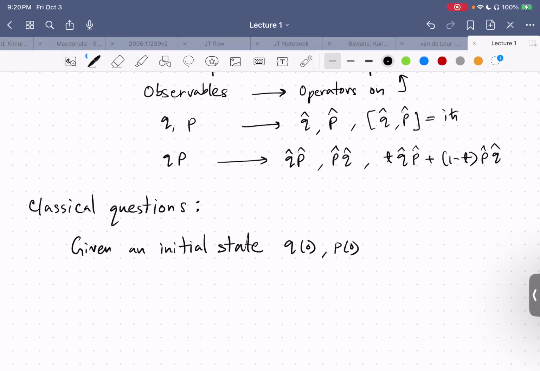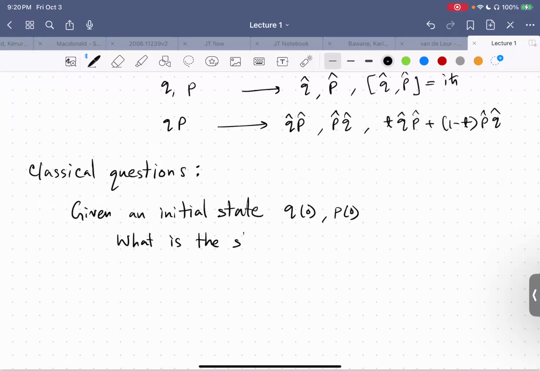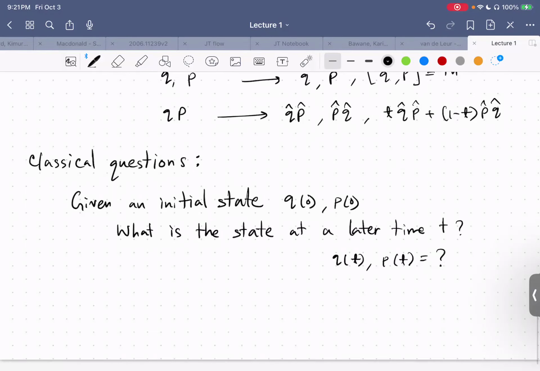Given an initial state, what is the state at a later time t? So basically, what are q of t and p of t? Right.